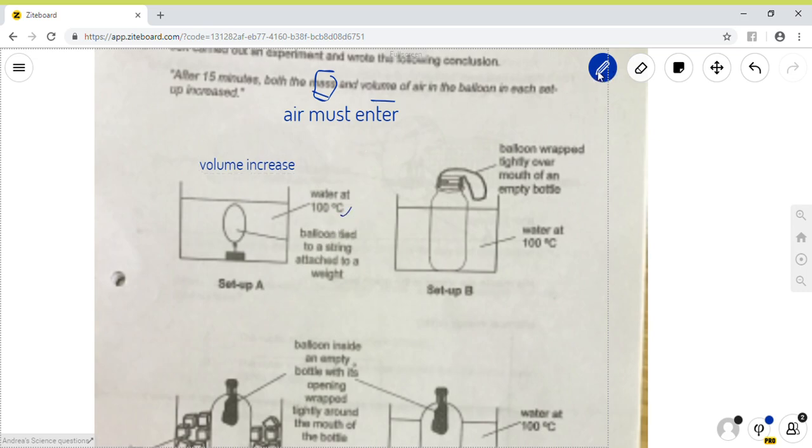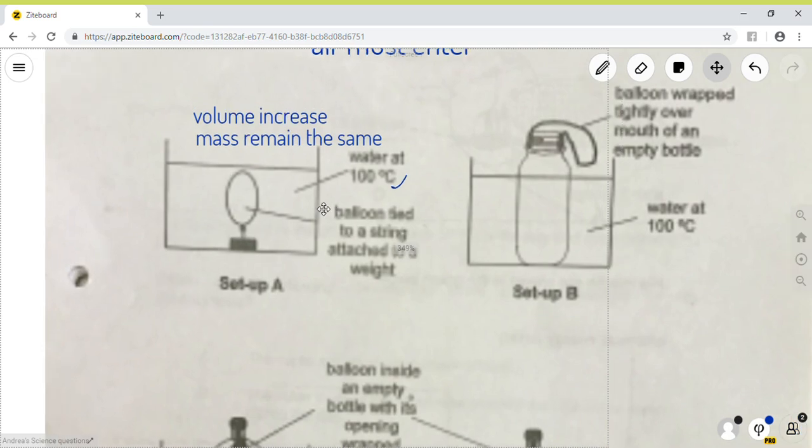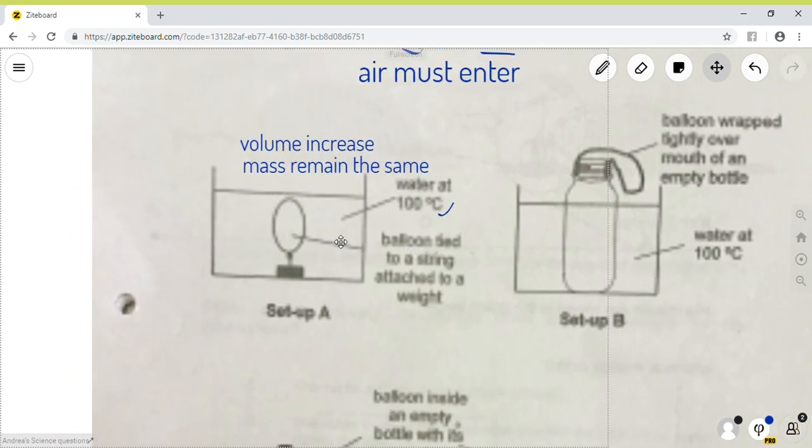But did the mass increase? The mass remains the same. Do you know why the mass remains the same? The mass of the air in the balloon remains the same. When we say volume increases, why does the volume increase?